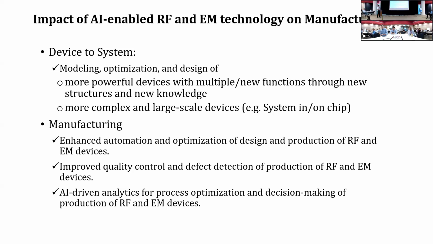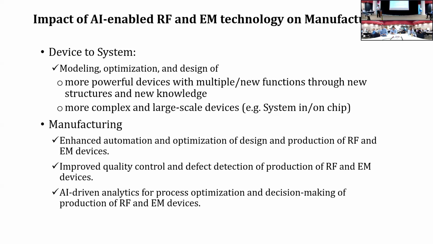Okay, so the second one is about manufacturing. Manufacturing tries to enhance the automation and optimization of the design and production of RF and EM devices, and also improve the quality control and defect detection of the product.